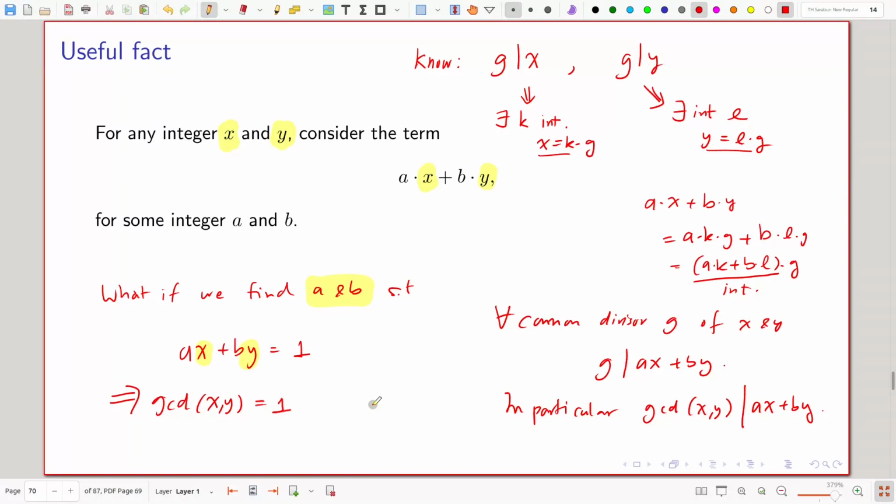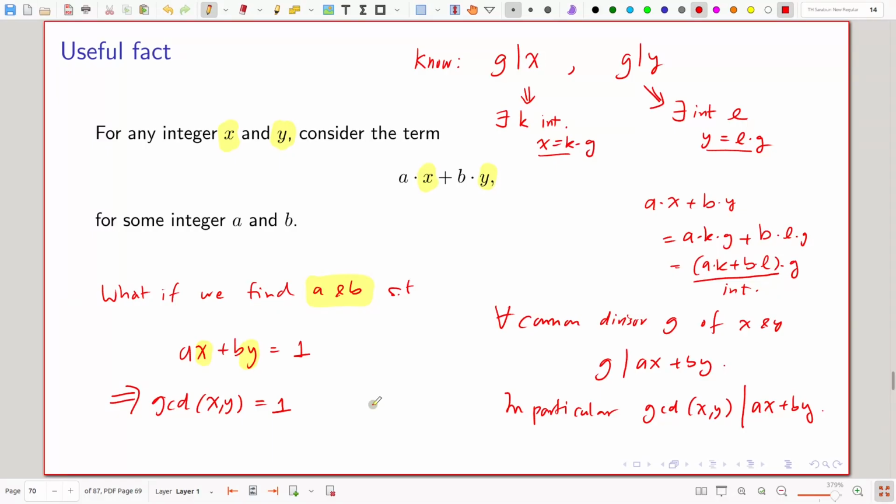Okay, so this term is really connected to the GCD. If you can find some numbers a and b such that ax plus by is small, you can show that the GCD is small. And if you can find that it's 1, then you know exactly that the GCD is 1. Okay. Also, on the other hand, if the GCD is 1, okay, so this is one direction.